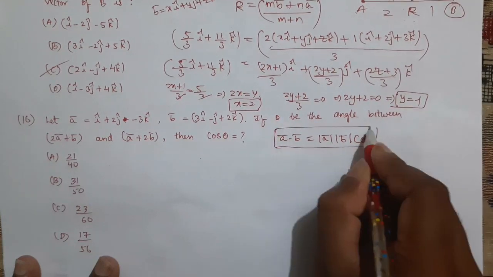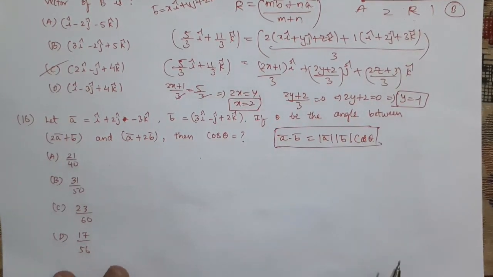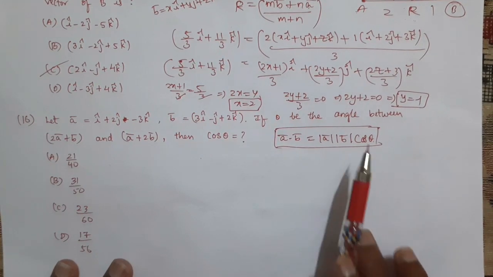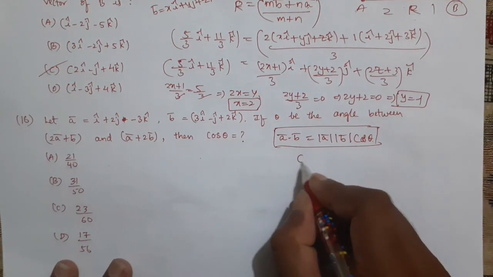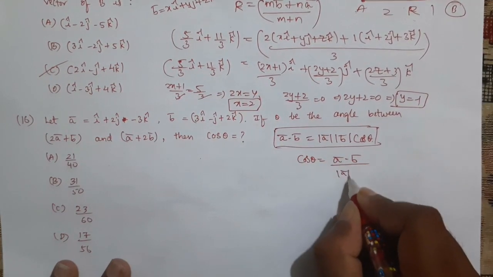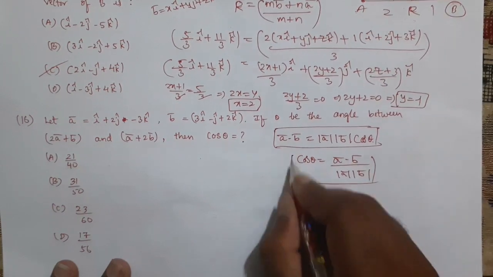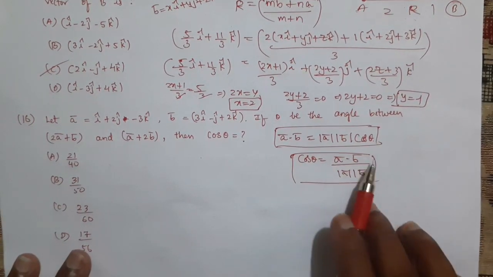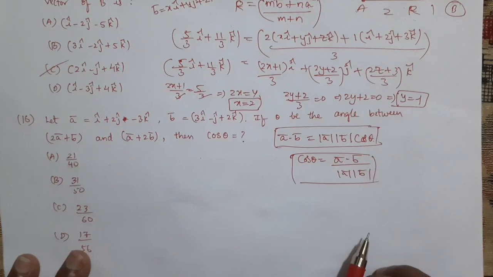So this is the actual formula when the angle between the two vectors. According to this, cos theta is equal to a bar dot b bar by modulus of a bar and modulus of b bar. Okay, everyone knows this.